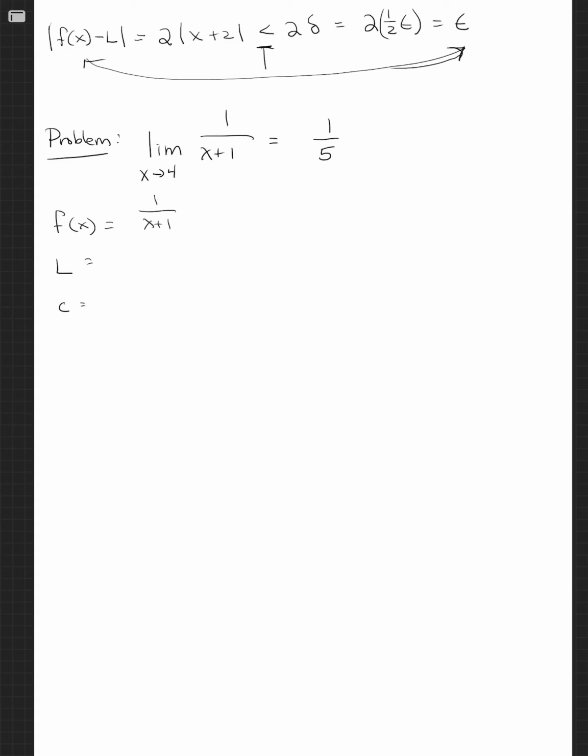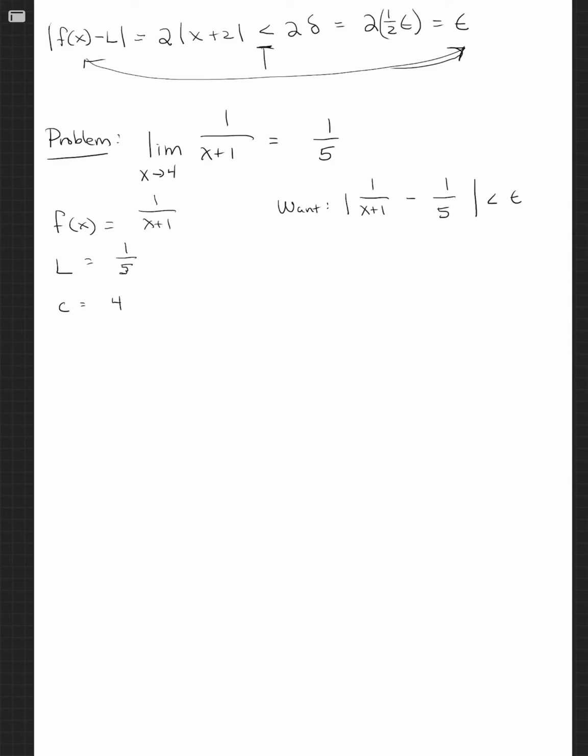Right? So that means we need to know what f of x is, we need to know what L is, and we need to know what c is. Right? So f of x is the function we're taking the limit of, L is the thing on the other side of the equal sign, and c is what our variable is going to. Right?